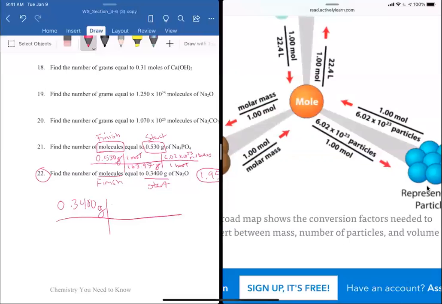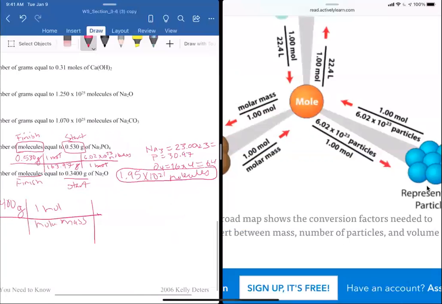So it's going to be 1 mole over the molar mass. And then we write the next fraction, which is 6.02 times 10 to the 23 molecules over 1 mole.